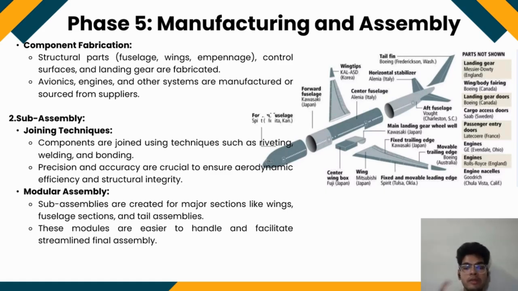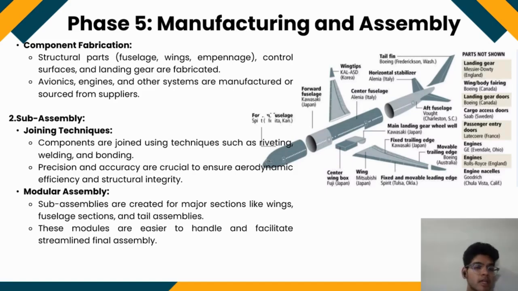This modular approach is essential as it allows for easier handling and transportation of the parts and streamlines the final assembly process. By creating these modules, we can ensure each section meets the strict quality standards before being integrated into a larger structure.